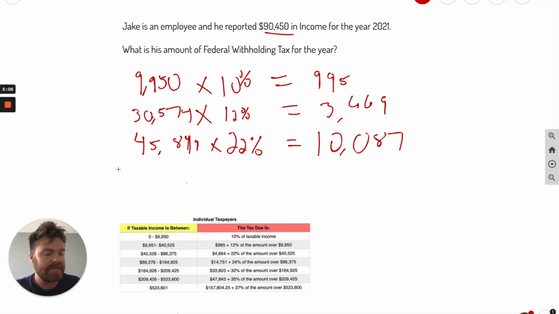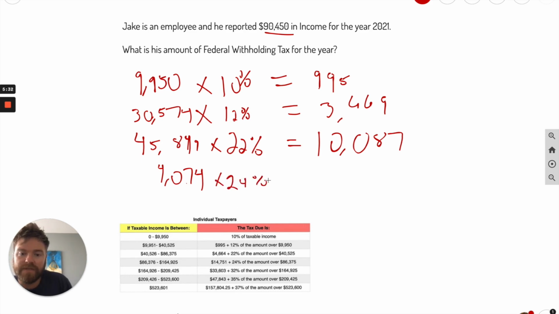We subtract the low number, and the only remaining amount there that's actually taxed is 4,074, and it's taxed at 24%. So we just go ahead and multiply that times 24%, and we get a number.